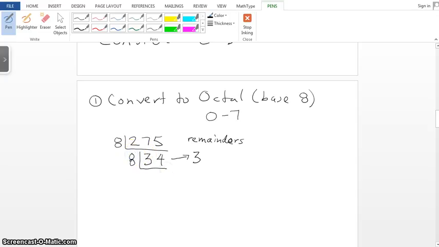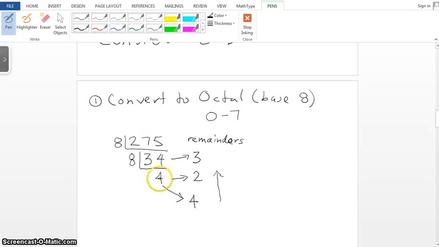Okay, and then you go again. 8 goes into 34 actually 4 times, and that remainder is going to be 2, because 8 times 4 is 32. When you subtract, that remainder is 2. And you know that you're done when this number down here is less than your base, because you can't divide 8 into 4. Whatever number is left over that's smaller than your base is the first part of your answer, and remember to read your answer off going up. All of these numbers, which represent those remainders, have to be between 0 and 7, or less than 8, I should say.